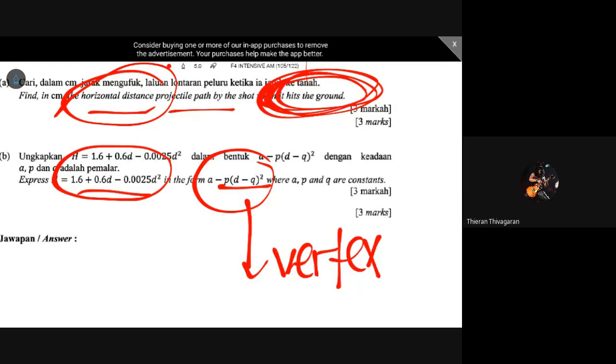So what do you guys get for this answer? Can you all tell me? Vertex form dapat apa? Don't always wait for your friend to give the answer. If you have the answer, you can share only. Kena berani bagi jawapan.